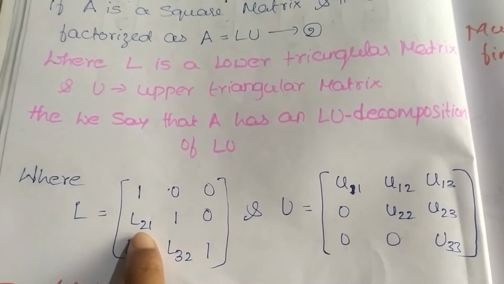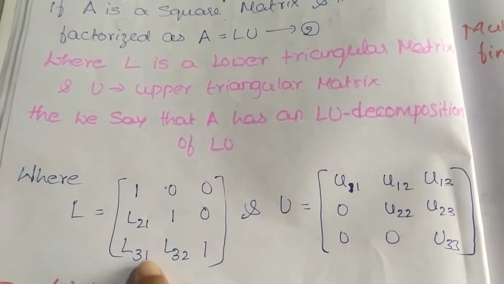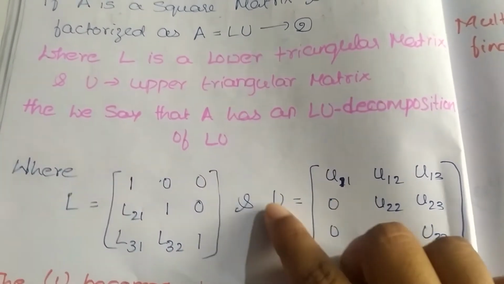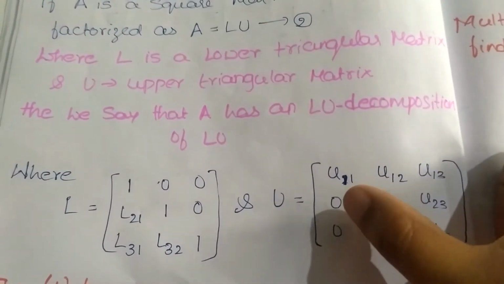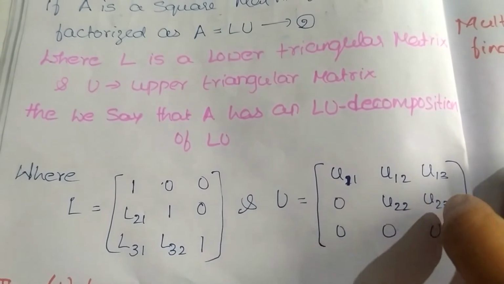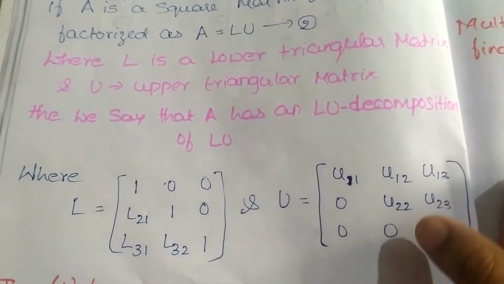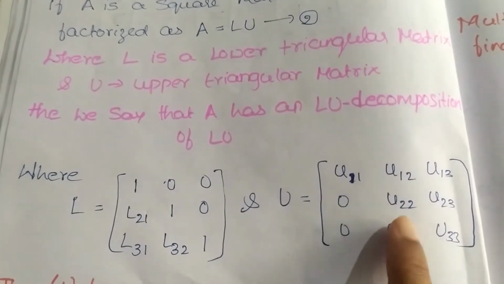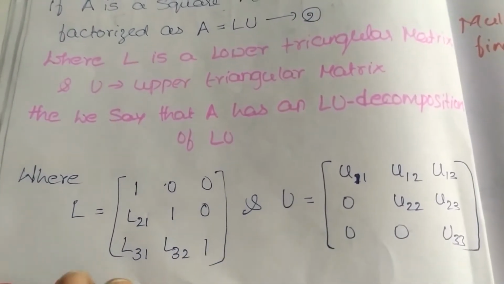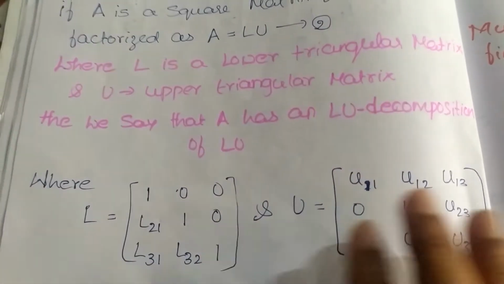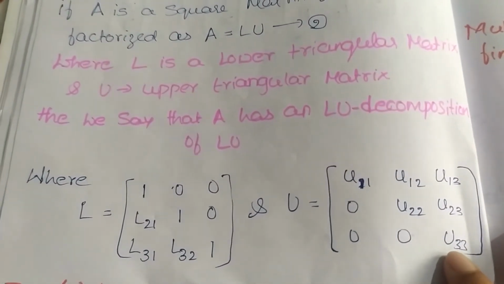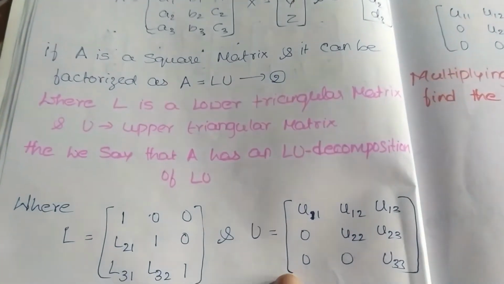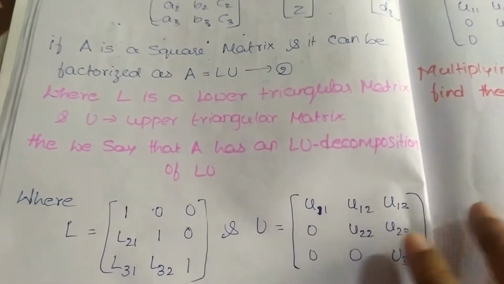So the lower triangular matrix has L21, L31, L32, and similarly in the upper triangular matrix only the upper parts are considered, U11, U12, U13, U22, U23 and U33, and the lower part is considered as 0. So this is called the lower triangular matrix and this is called the upper triangular matrix. Now the given square matrix A is converted into the form of lower and upper triangular matrices.